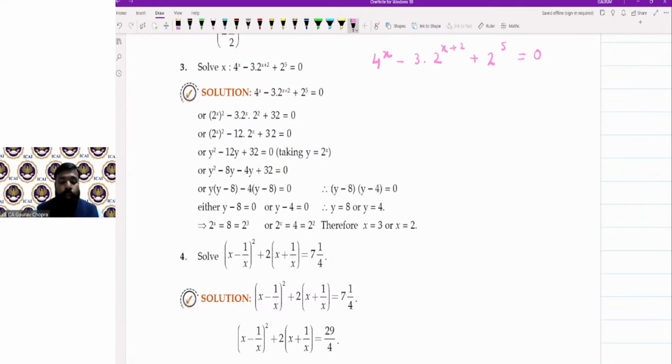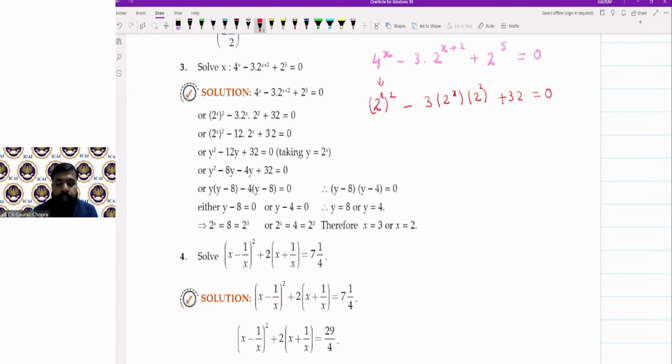Now, how to use the quadratic method? See, here 4 can be written as 2 square. So we can write 2 to the power of x and then square minus 3. Now we can split 2 to the power of x into 2 square plus 2 to the power of 5 is 32 equal to 0.